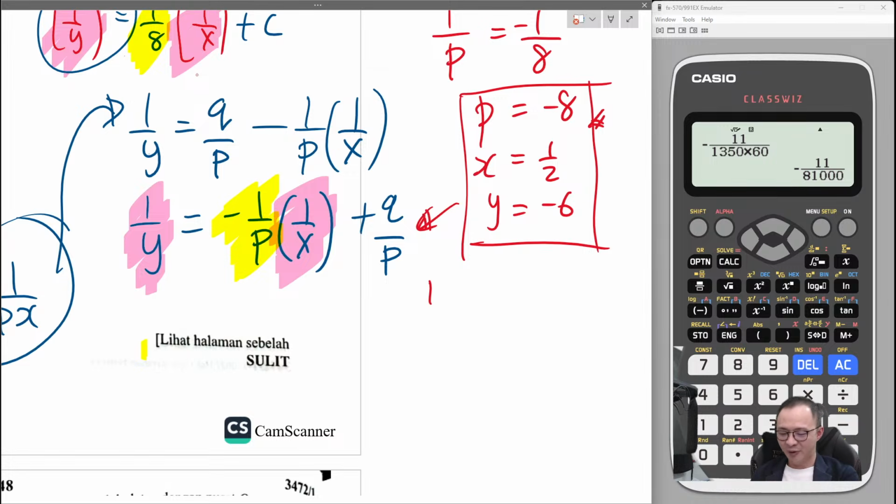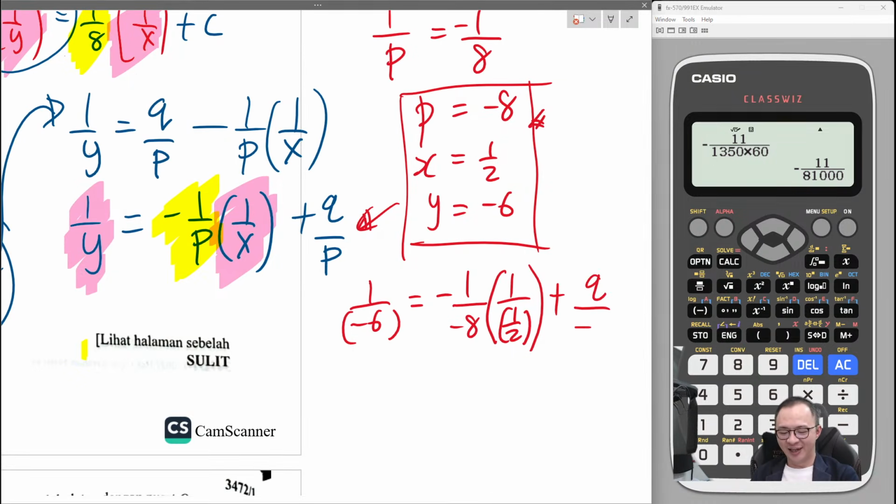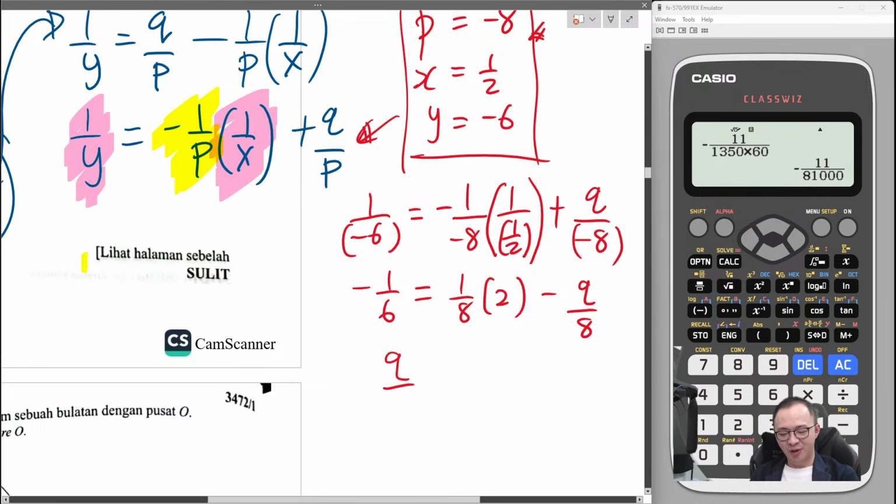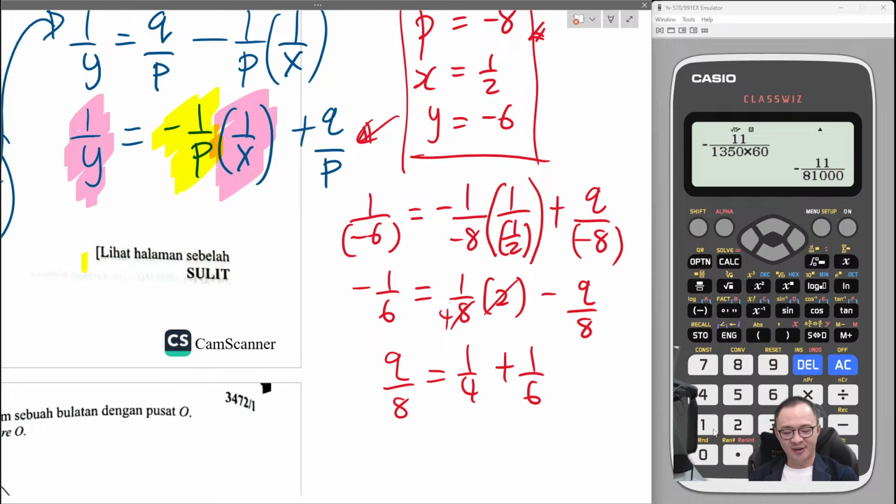Cool? 1 over negative 6 equals negative 1 over p, where p is negative 8, times 1 over 2 plus q over negative 8. Solve this thing, okay? So this is 1 over 8 multiply 2 minus q over 8. So I will solve this one. Q over 8 equals 1 over 4 plus 1 over 6.